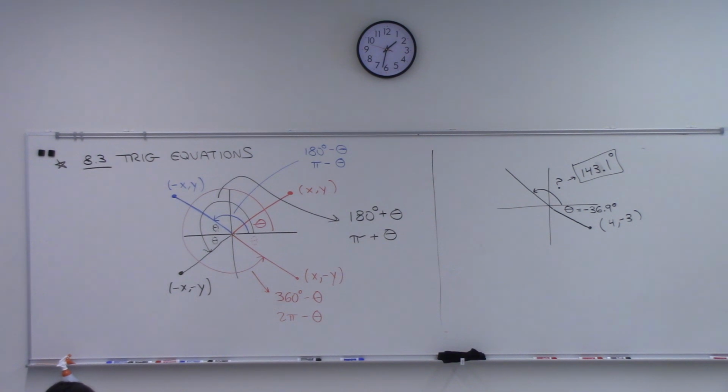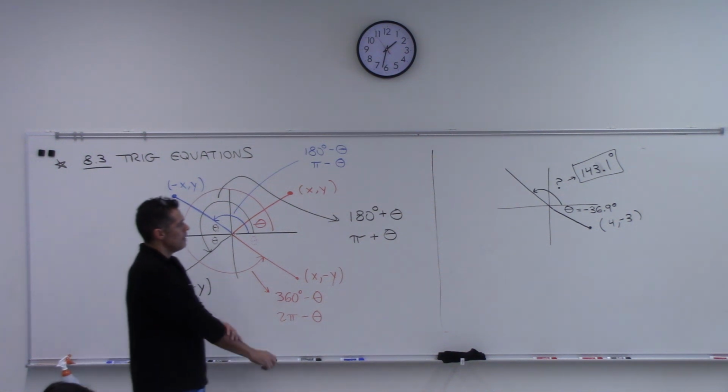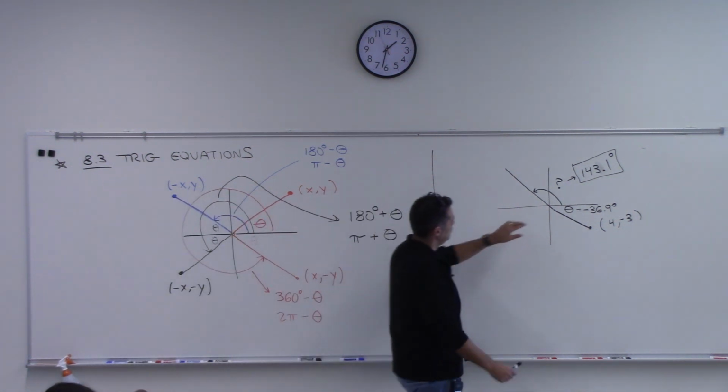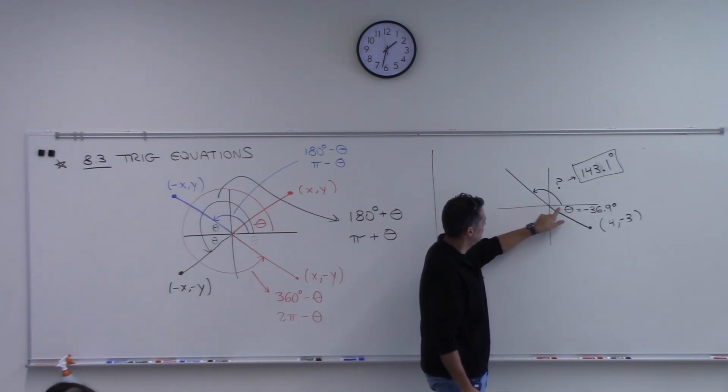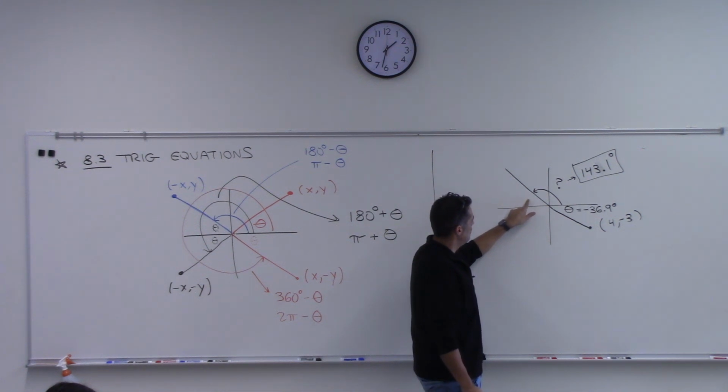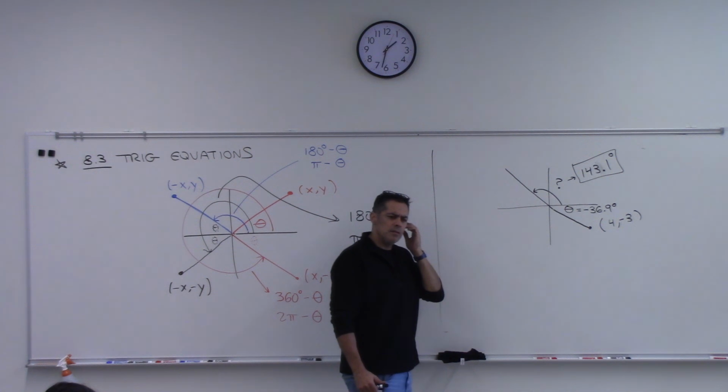All right, here we go. Buckle up. I have a question. Yes. So if we reflect the negative 36.9 across the y-axis to the third quadrant, how is that?